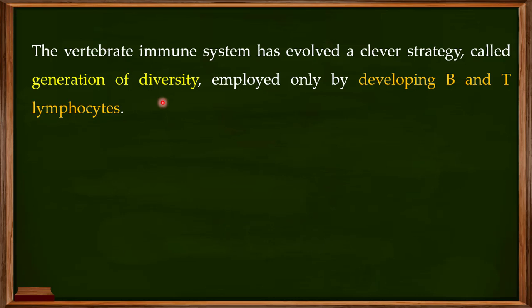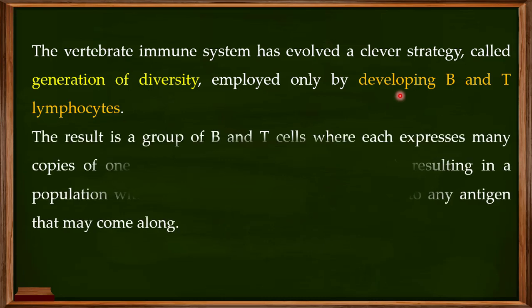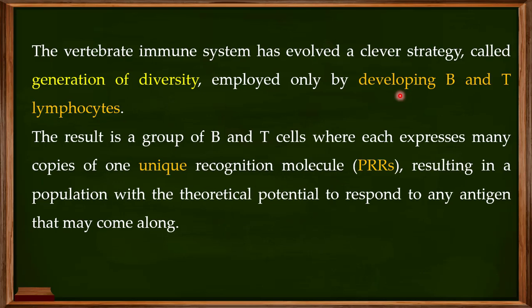This generation of diversity is employed only by the developing B and T cells, the lymphocytes. We are not talking about the mature B and T cells. Due to this generation of diversity, there is a group of B and T cells where each expresses many copies of one unique recognition molecule.